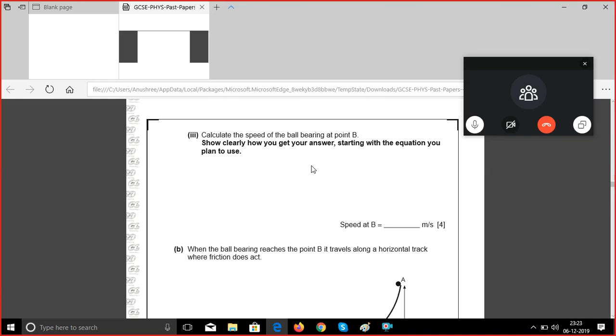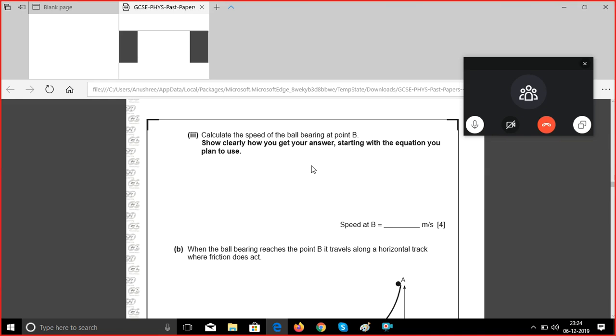And v squared is 0.36 divided by 0.01. So v squared was 36 and v is 6.